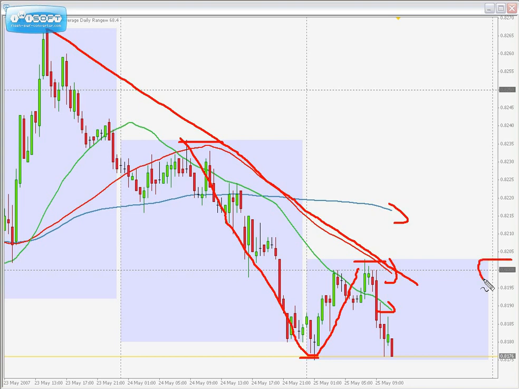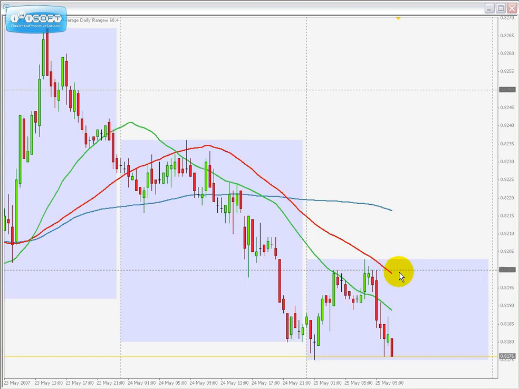We have the 0.8200 round number. Also, this area had formerly worked as support, now as resistance. This is definitely a nice trend, at least from an intraday point of view. It's definitely a nice opportunity. Such a shame I missed it.